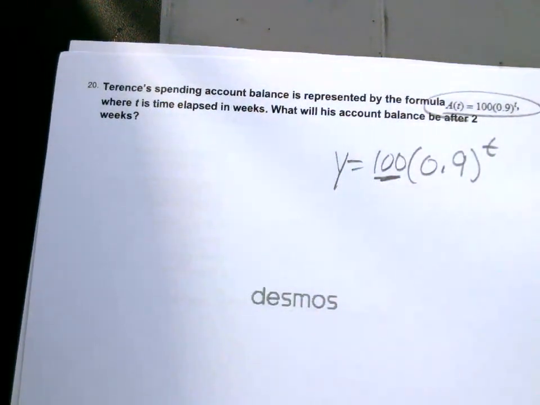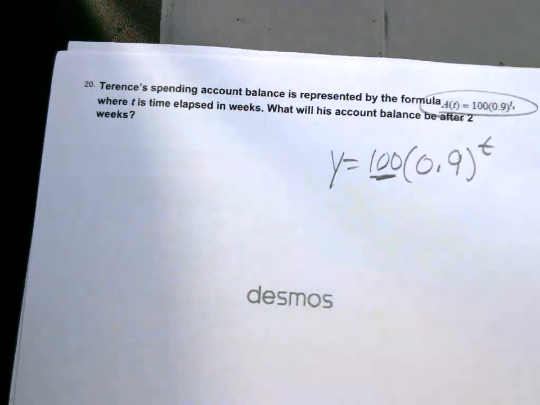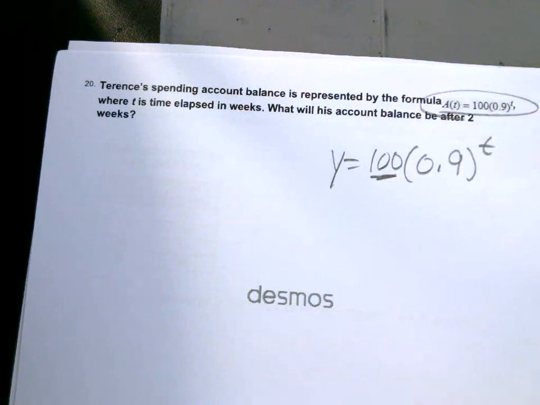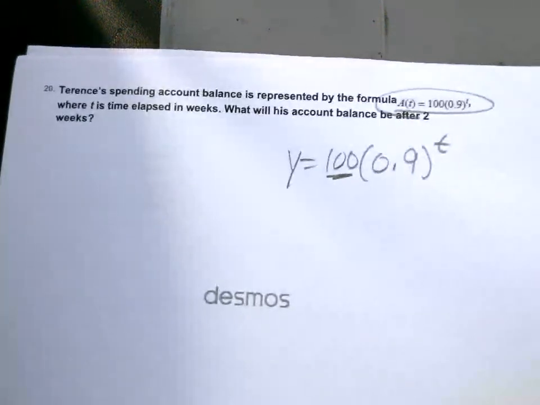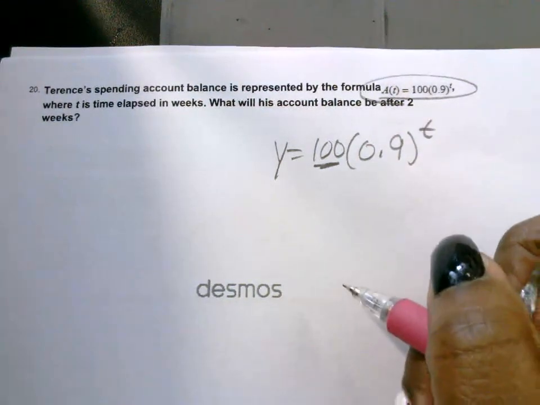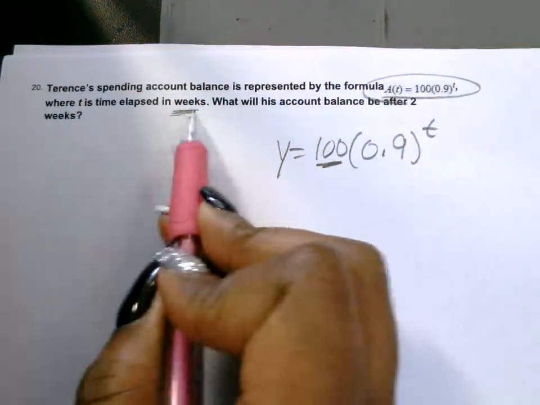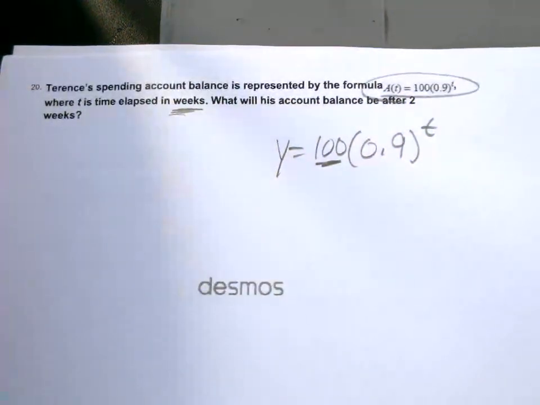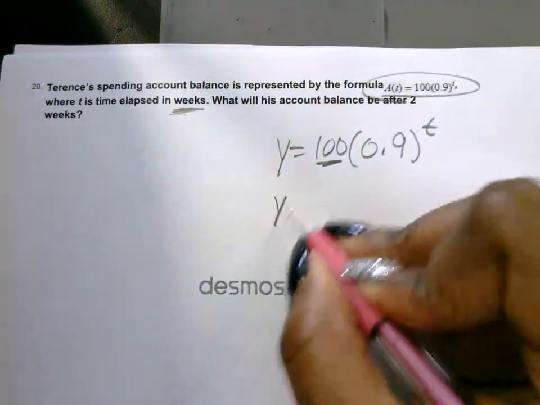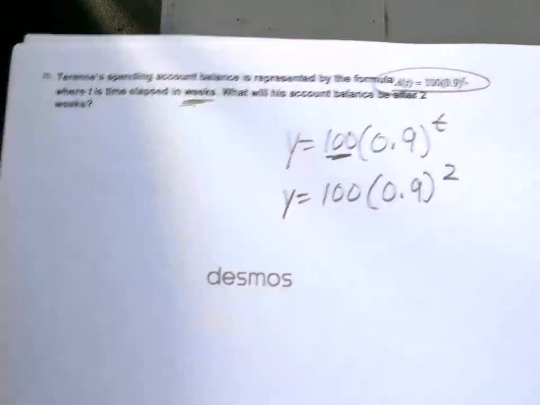So this is how much he opened that account with, right? Okay. Now it's asking for what is the balance after 2 weeks. So what do we do to figure out what the balance is after 2 weeks? T represents the number of weeks. So all I'm doing is substituting 2. That's even easier. So we're going to replace T with 2.